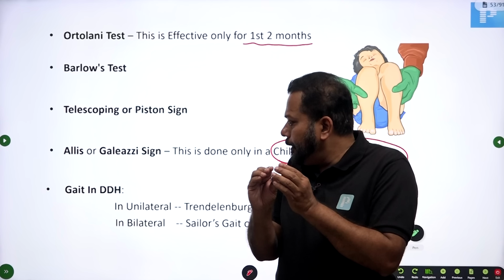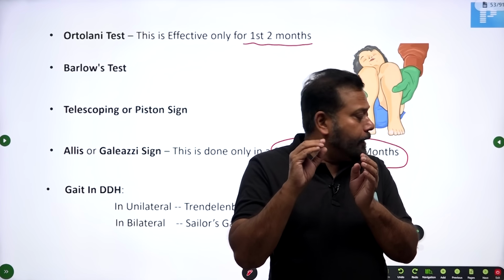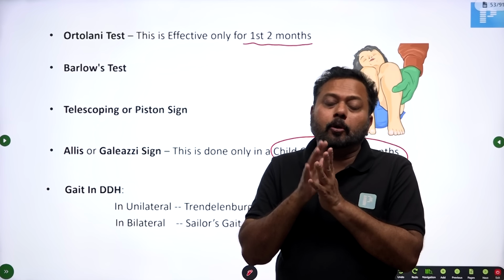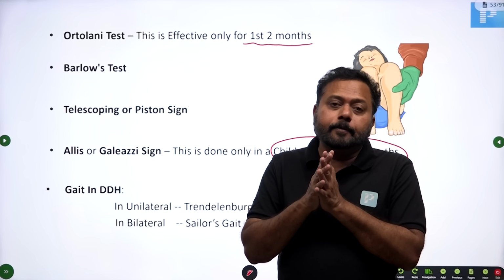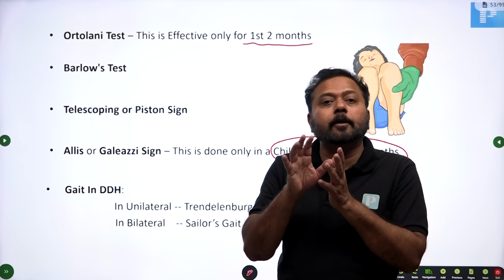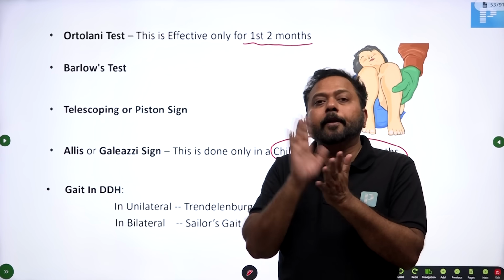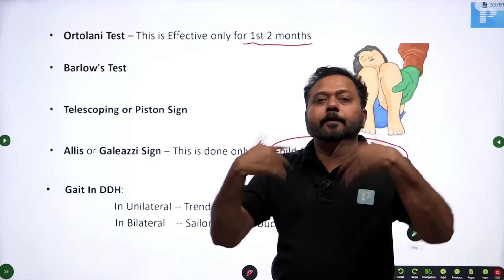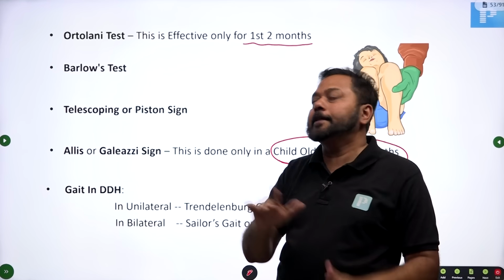The dislocated hip will get reduced or relocated with a click sound. That is called Ortolani. Since the head is entering the acetabulum, it's called the test of entry. So you are reducing an already dislocated hip. This is possible only if the child is less than 2 months.